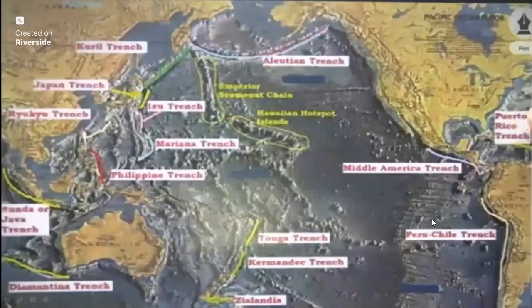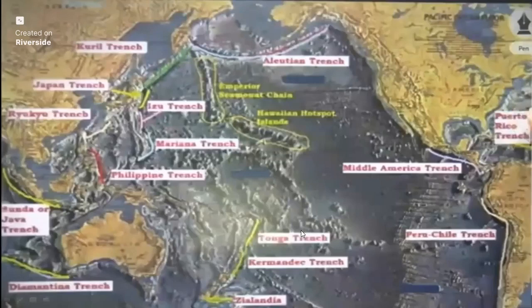So remember some important names, like the Puerto Rico Trench, that is between North America and South America. Then the Peru-Chile Trench, the Tonga Trench. We'll see this part about the trenches later also when we study oceans and seas.